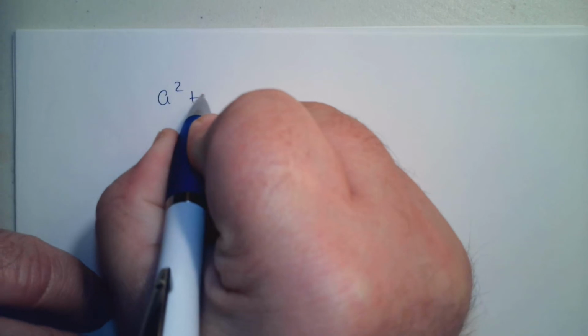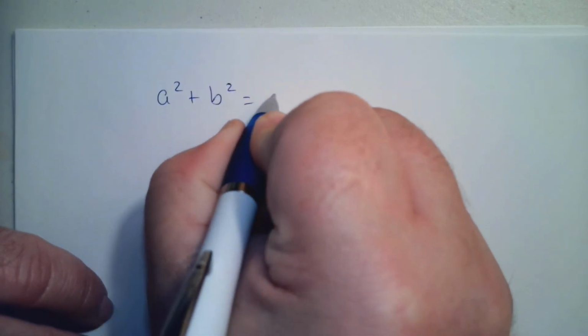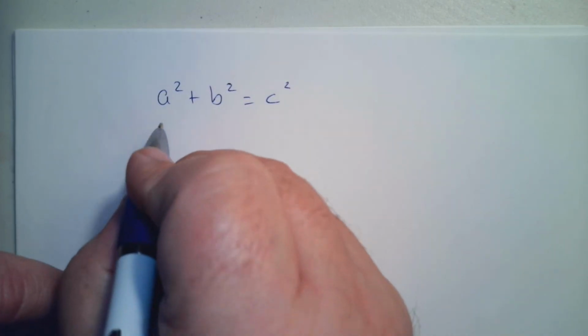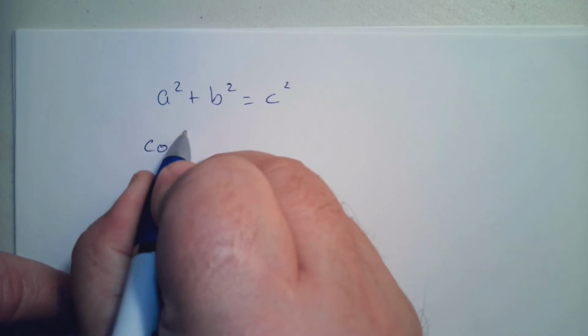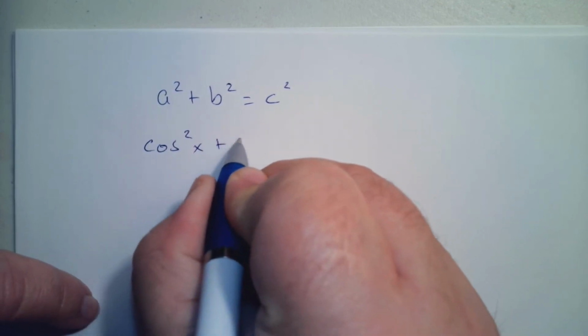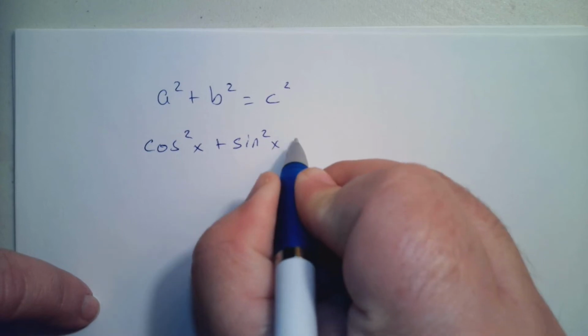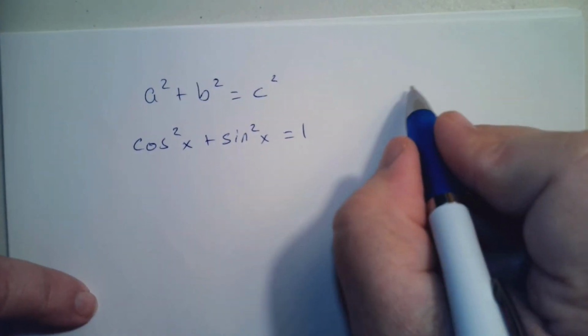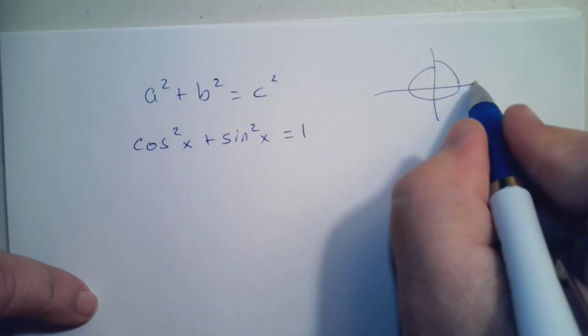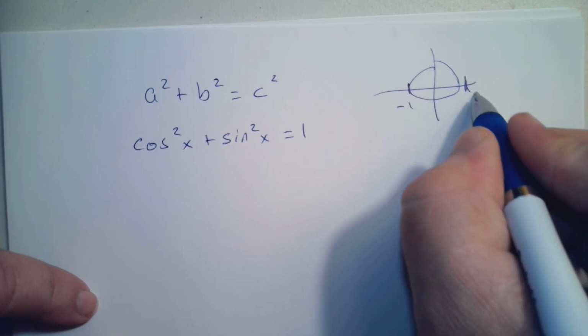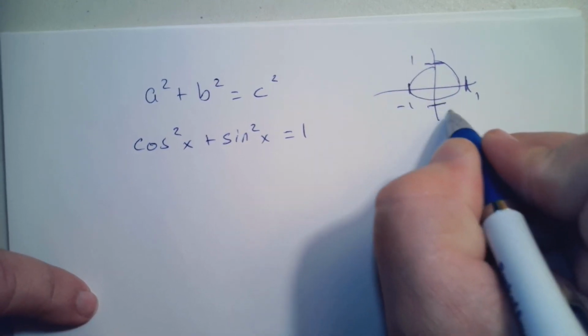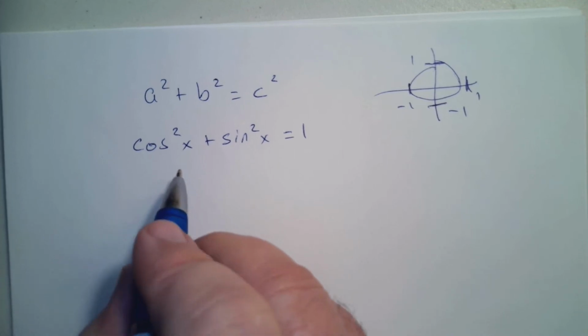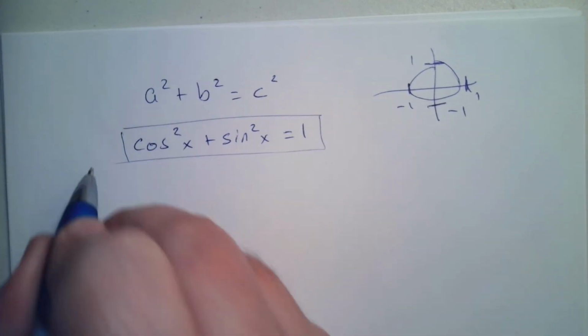Let's look at our identities. From the Pythagorean Theorem, we know that cosine squared plus sine squared equals 1. That's the unit circle. So that's the identity.